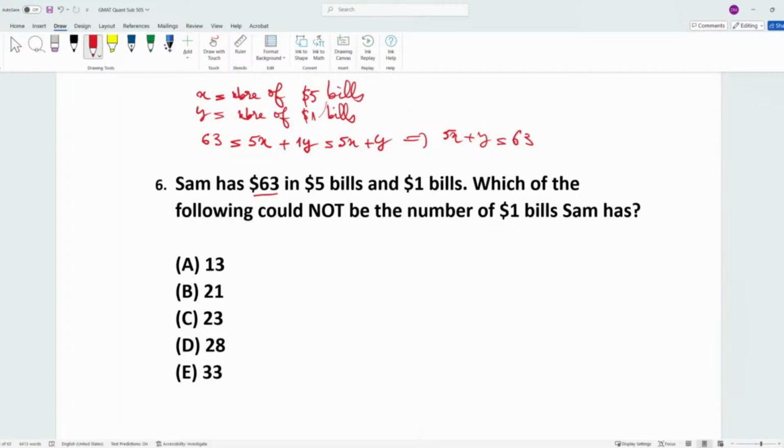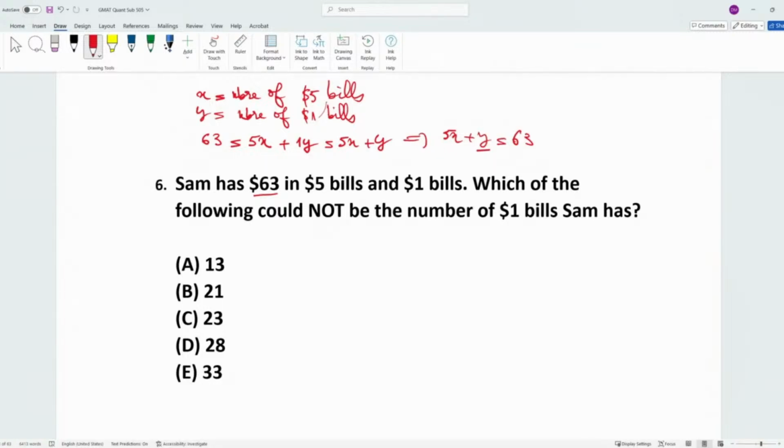And what they want us to find is also which of the following could not be the number of $1 bills. Okay, which of these answer choices cannot be the value of y? So y can be a bunch of numbers depending on x.